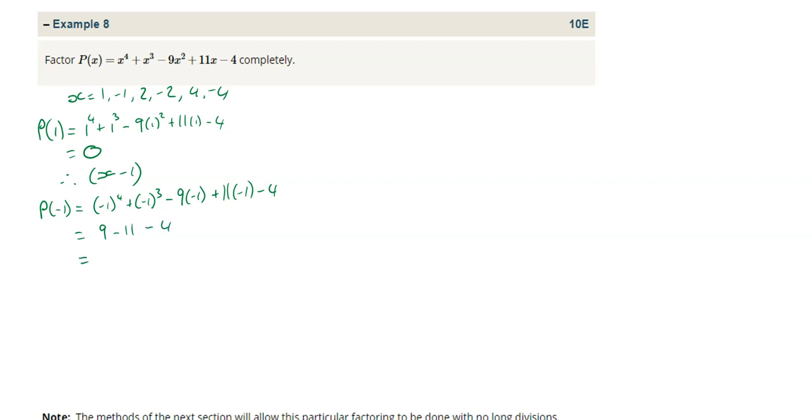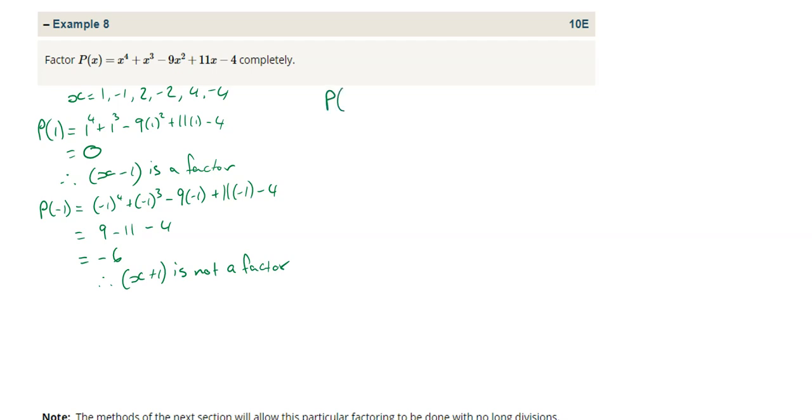And that's not a zero, because it's -2, -6. So p of -1 is not zero. Therefore, x plus 1 is not a factor. And there is another way of writing that, but we'll just leave it like that for now.